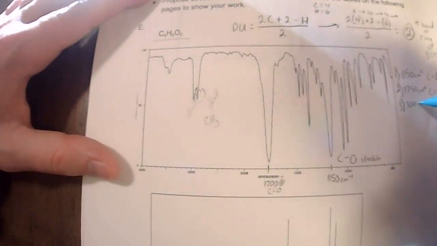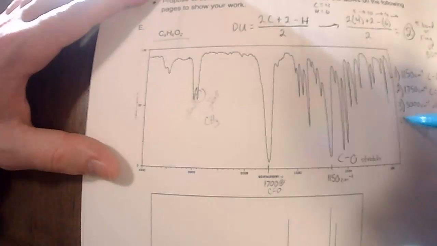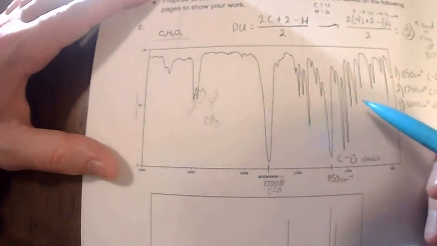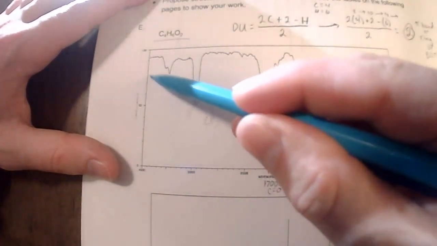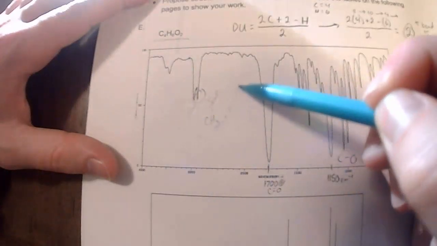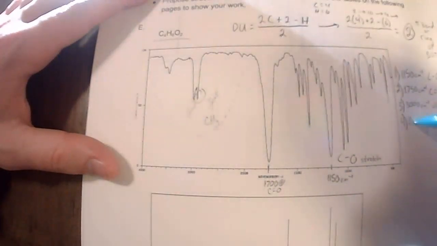I'm going to write that. And then the fourth thing that's not apparent on here but easily recognizable is this missing broad OH peak. I'll write that as well. No 3300 broad OH peak.